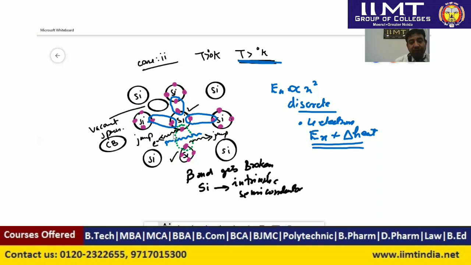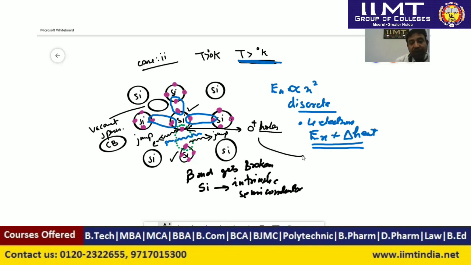If this particular electron jumps, it creates a vacancy, which means it creates a hollow space. And we know from basic chemistry that if electrons leave an orbital, it creates a positive charge of equal value but with opposite polarity. So this will turn into a hollow space, and we term this a hole.